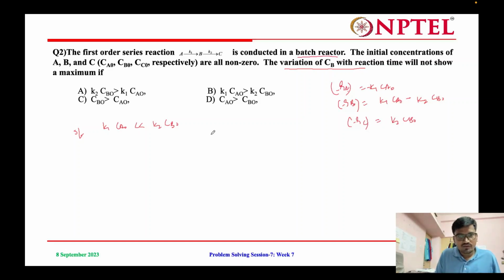So A gives B is rate limiting. Therefore, B will be formed very slowly, and as it is formed, it is immediately converted to C. Therefore, no maximum will be observed.